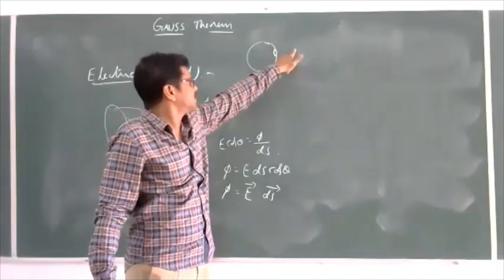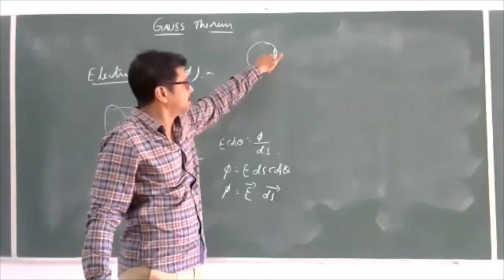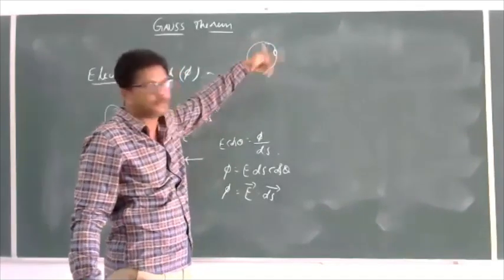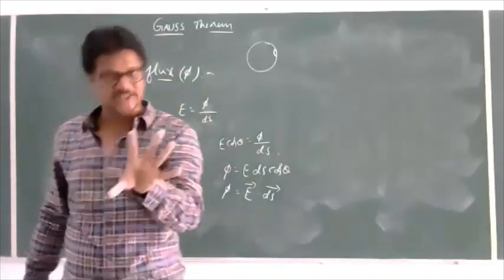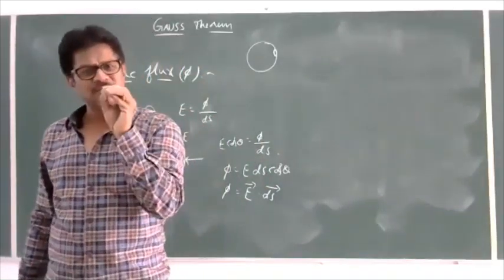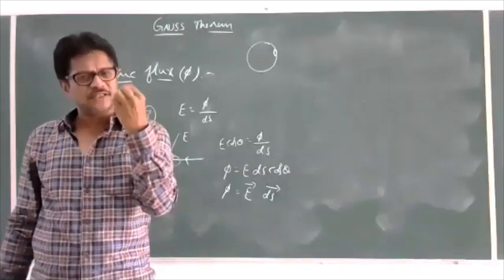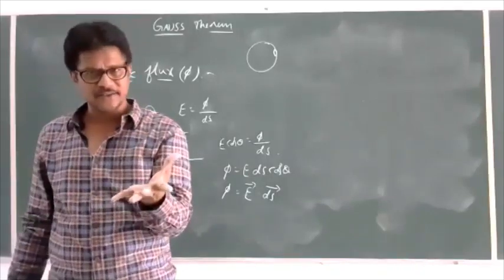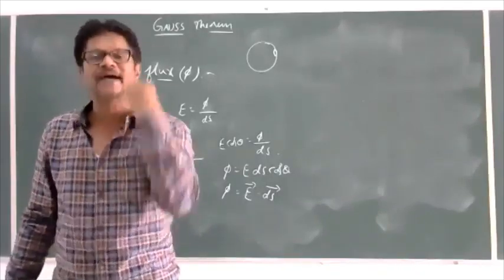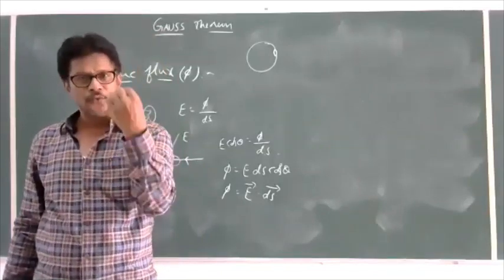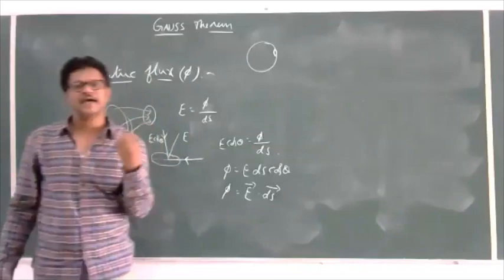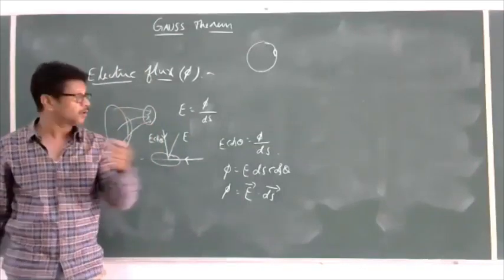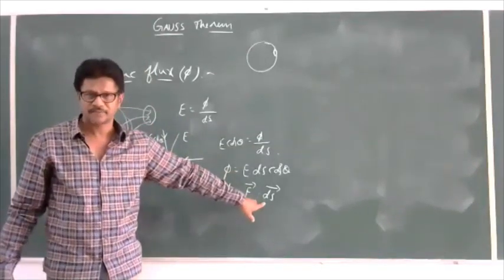Your concentration is always towards the small area so that you analyze the entire body. In such cases, in case of small areas, we may consider the area as a vector quantity.